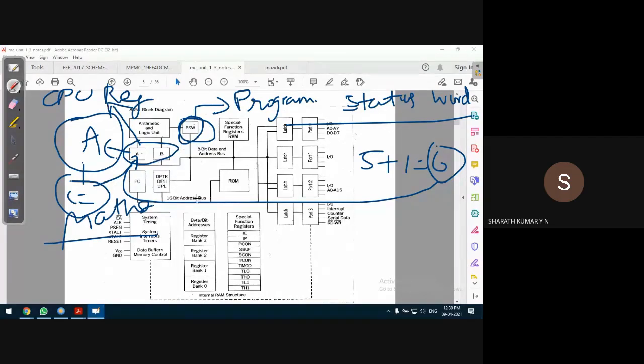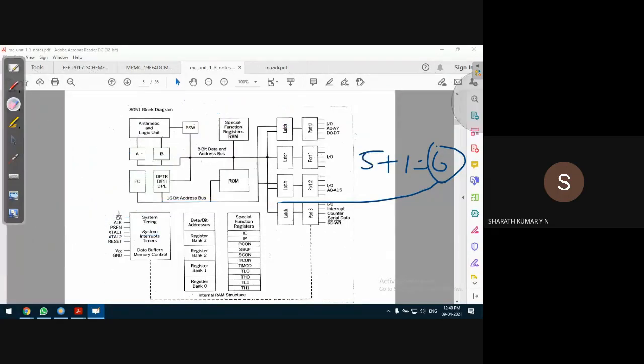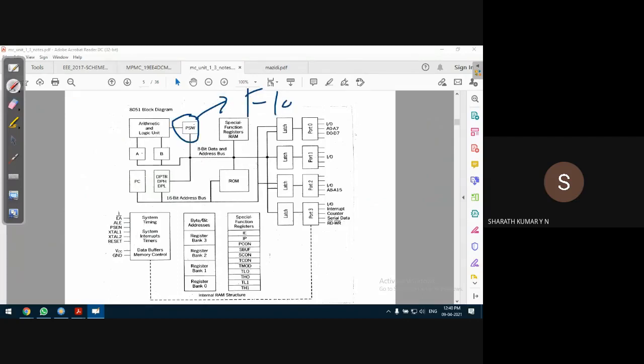There are different names, because if you refer to other textbooks, you will find other names. You need not be confused. So that covers the A and B registers and the program status word, which consists of only flag bits, and its size is 8 bit.